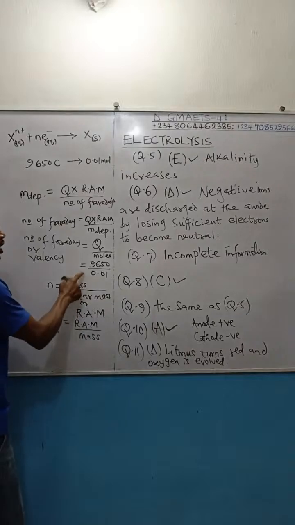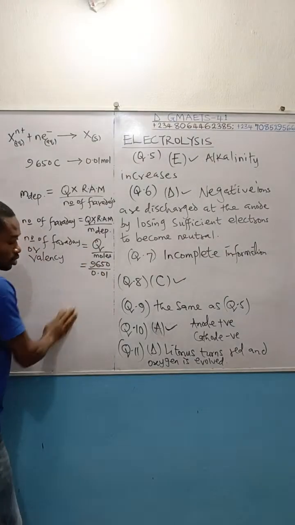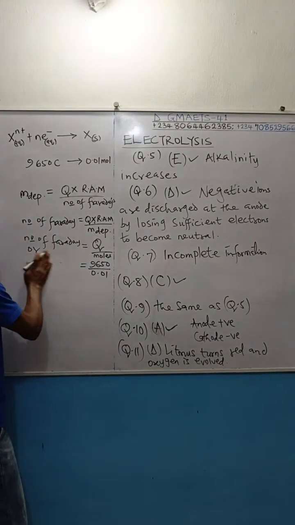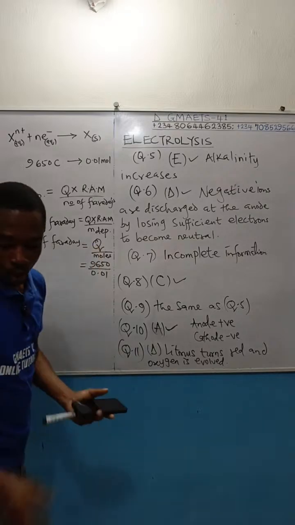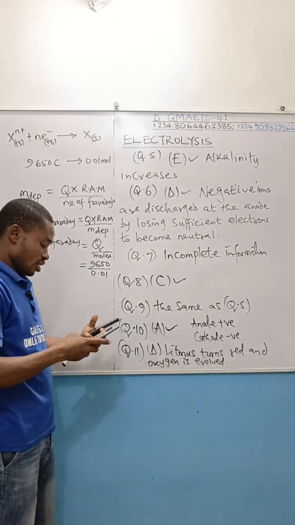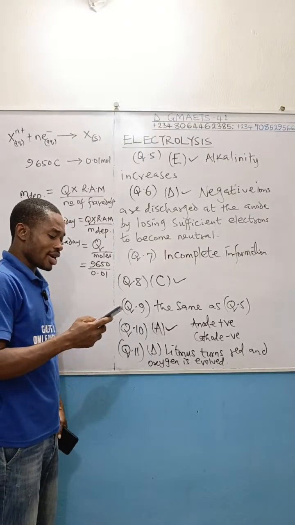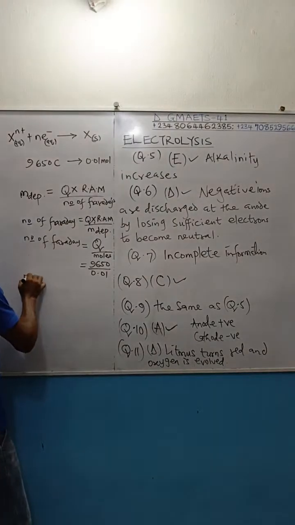I've shown you why I divided this by number of moles. I've shown you the analysis here. So from here, we get the number of Faraday to be this. If you divide 9,650 by 0.01, this gave 965,000.